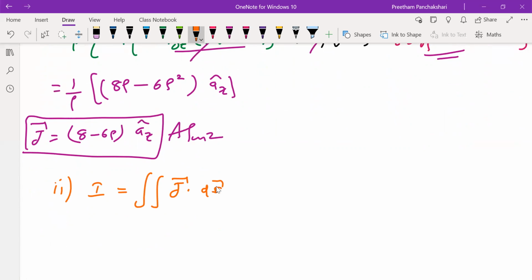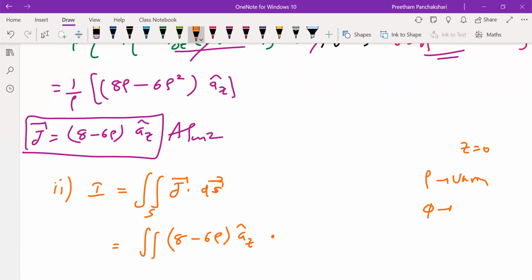It is the surface integral of J dot ds for a surface S, with J carried over from part A, a cap z. So now we have to write an equation for ds. In the problem, it is given that rho varies and Z is fixed at 0. So Z doesn't vary, then phi automatically varies by default, in the cylindrical coordinate system, to define a circle.